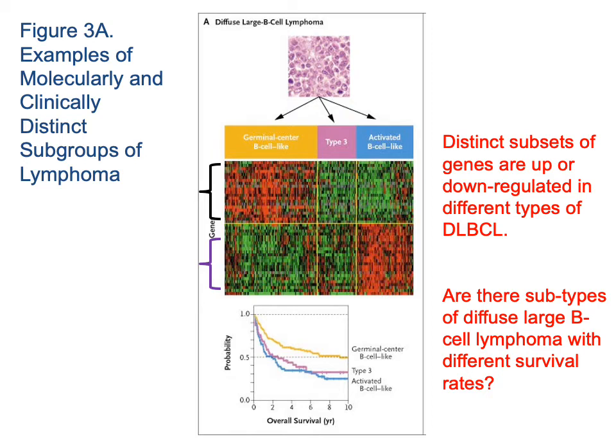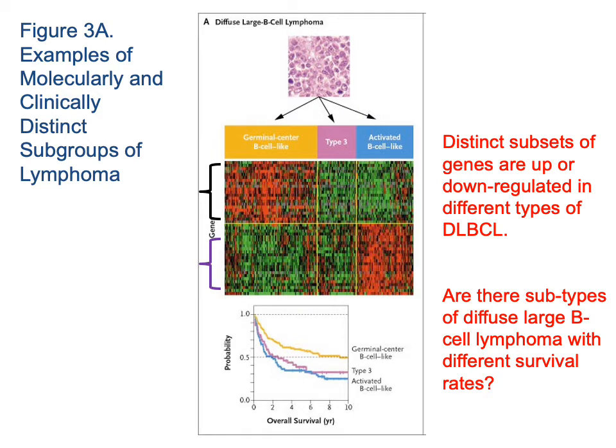So I've called them the black group at the top and the purple group. So in germinal center B-cell-like patients, the black genes, that group of genes at the top, are at high levels, and the purple genes are at low levels.